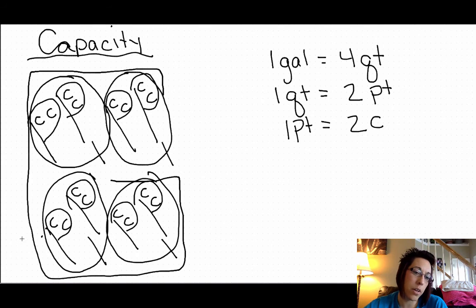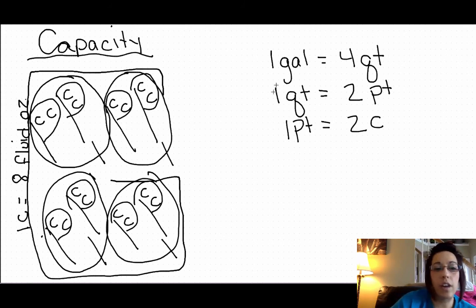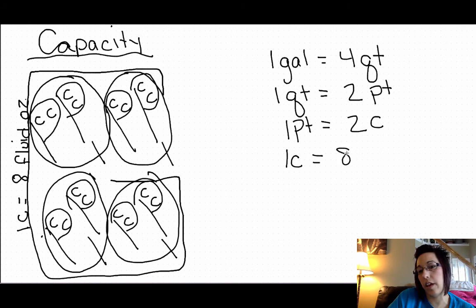And then I'm going to write out here to the side 1 cup equals 8 fluid ounces. Okay, so 1 cup equals 8 fluid, FL, fluid ounces.